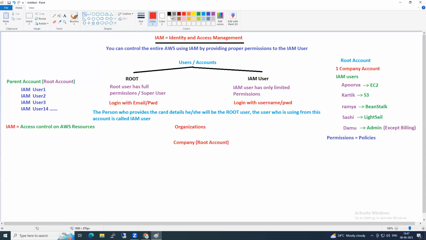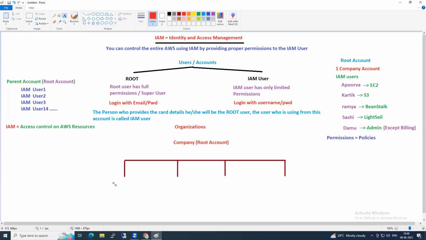In the company, we might have different departments. So what are those departments?